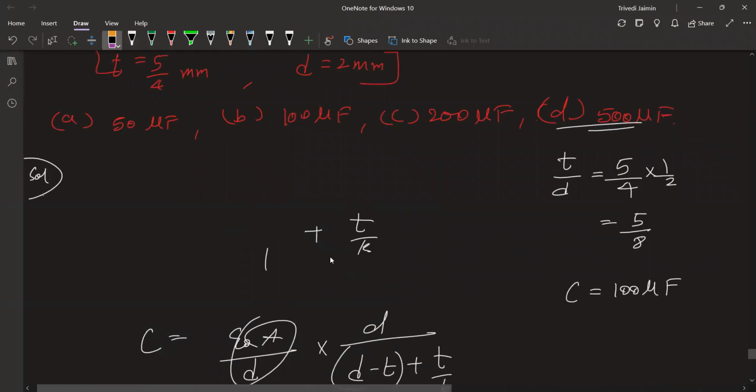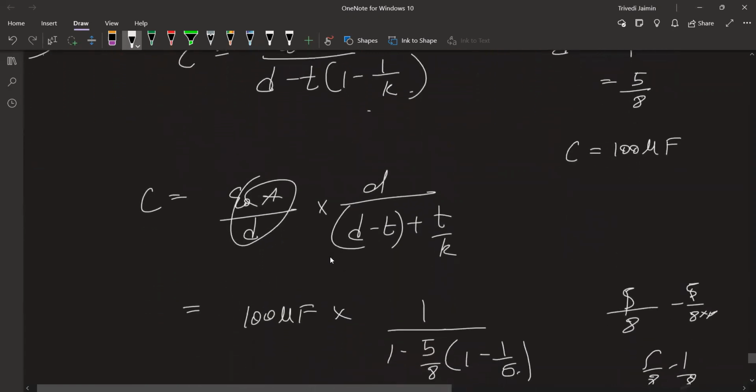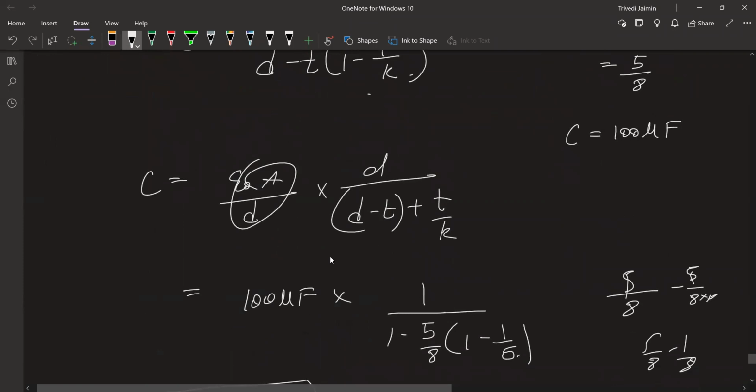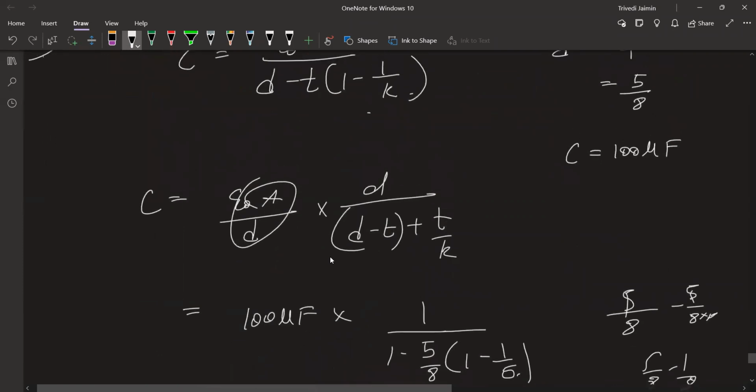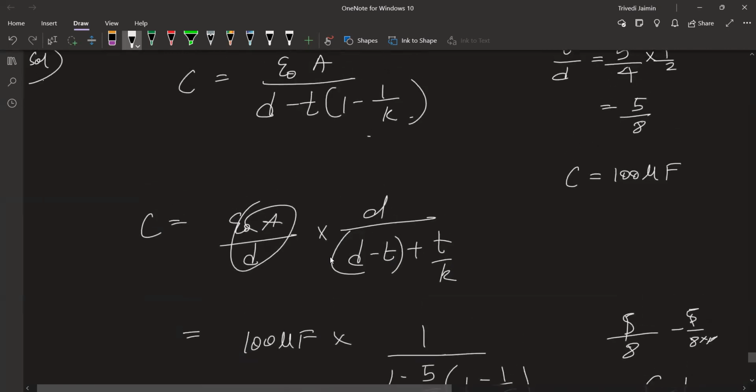Our formula was, see, let me write your formula. C equals epsilon naught A by D minus T, 1 minus 1 by K. Right. So T and this T will be okay. And I just added this D and D.